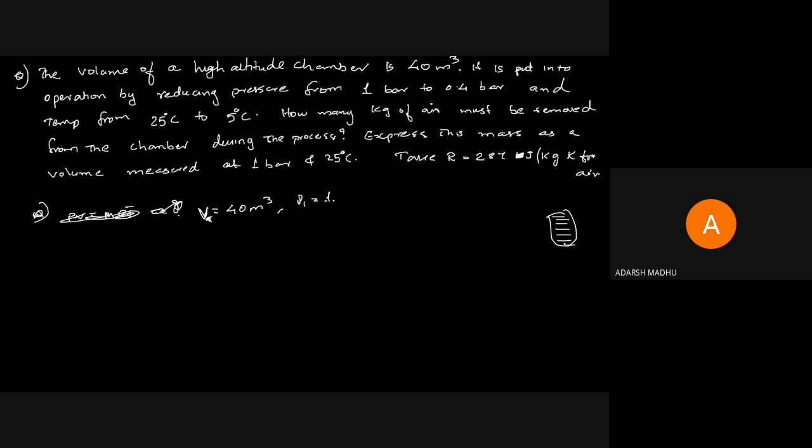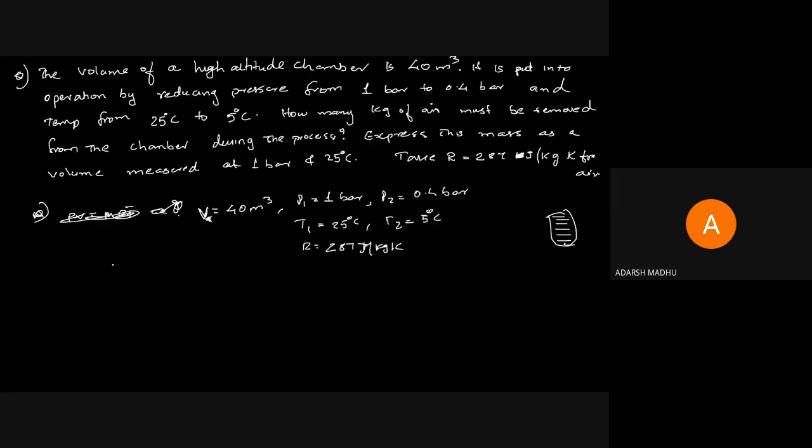P1 is given as 1 bar, P2 is 0.4 bar, T1 is 25 degrees Celsius, T2 is 5 degrees Celsius. The R value is also given, 287 joule per kilogram Kelvin.